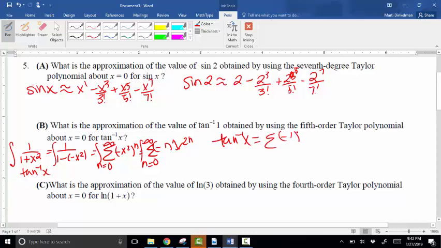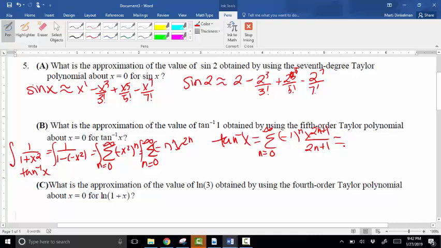So I think I'll just take the antiderivative from here. The negative 1 to the n is constant, so it's really this x to the 2n that I need to take the antiderivative for. So that's tan inverse, and we'll want a 5th order.